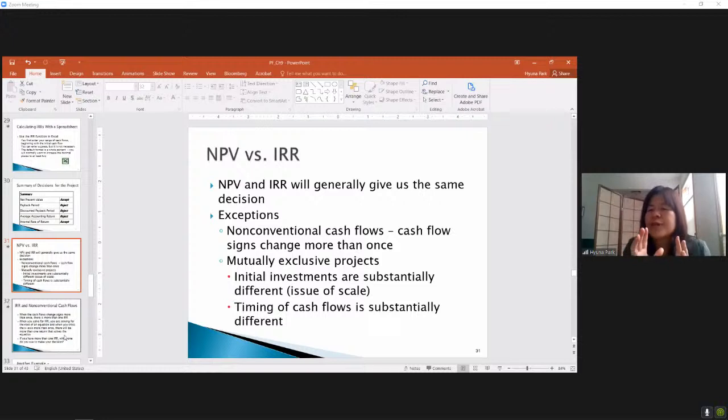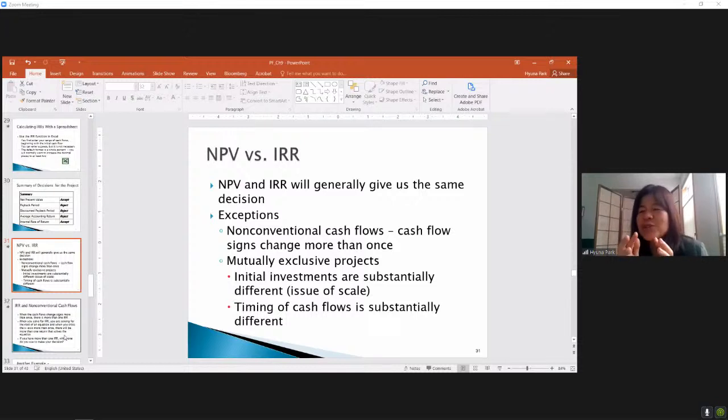But not every project has conventional cash flows. For example, consider an auto company that makes cars. The auto company may consider whether to sell warranties or not. If that's the new product, will selling this kind of warranty generate value for the company or not?